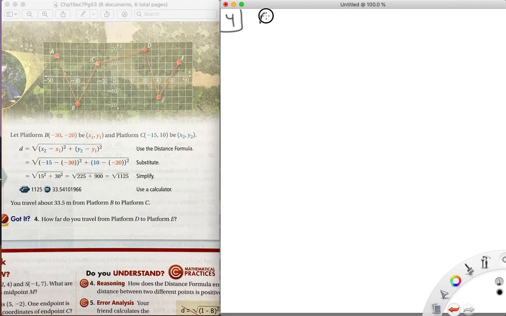D is 20 and 20, and E is 30 and -15. Yep, 30 and -15. So we do the distance.